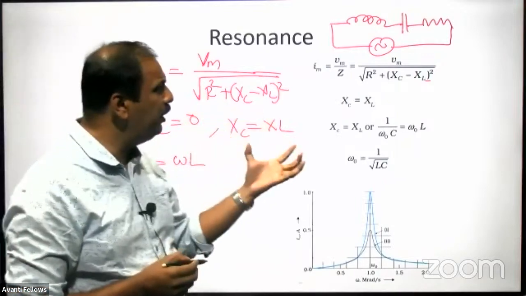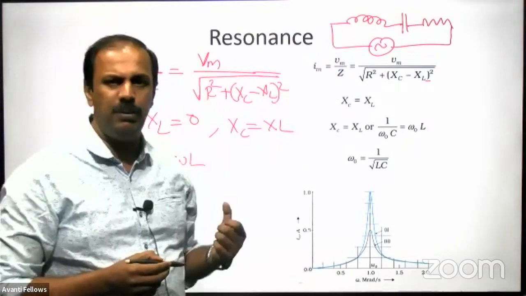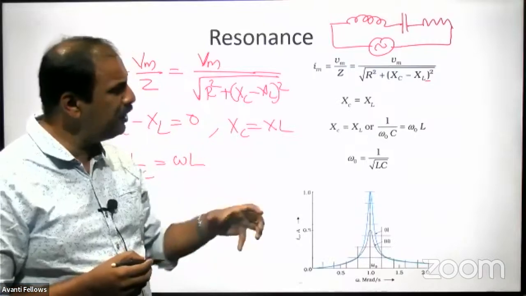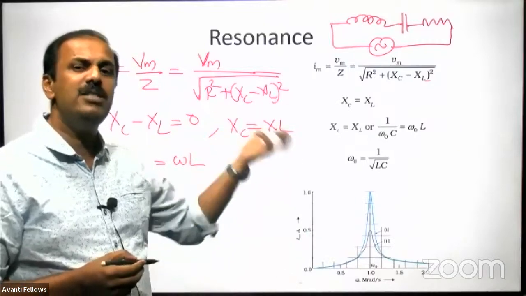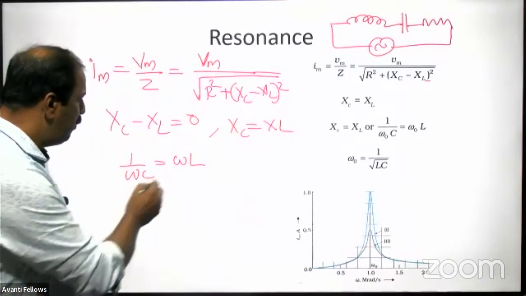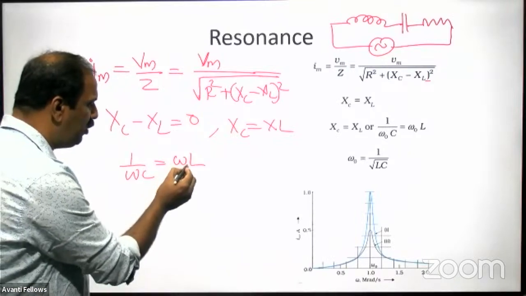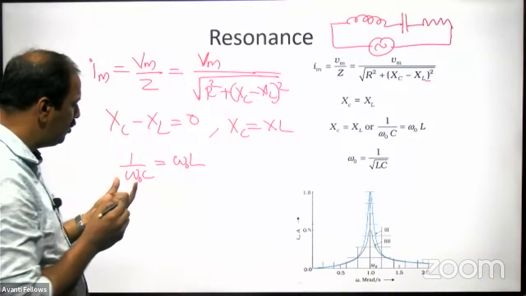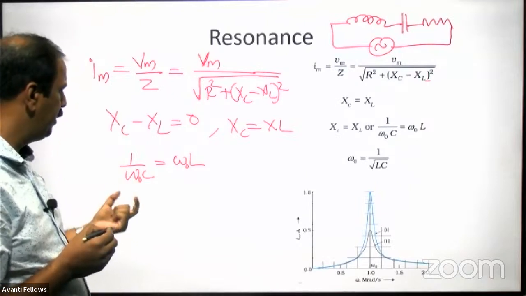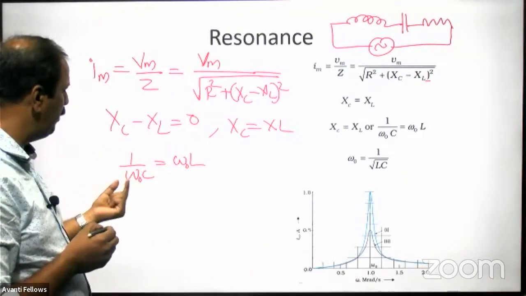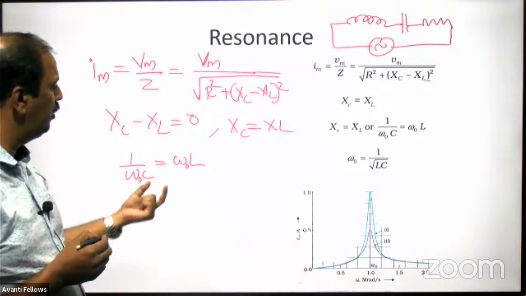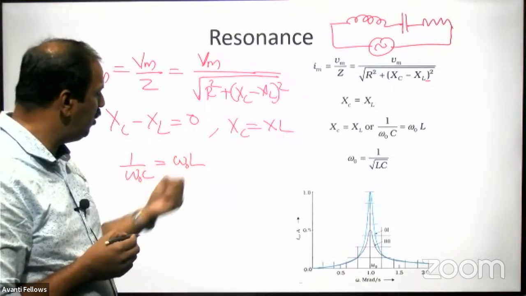That's what we are doing: for what frequency the current should be maximum. The frequency at which the current is maximum is called the resonance frequency. So both sides should be the resonance frequency, so you will write omega 0 here. This omega 0 means resonance frequency. So you get 1 by omega 0 into C is equal to omega 0 into L.